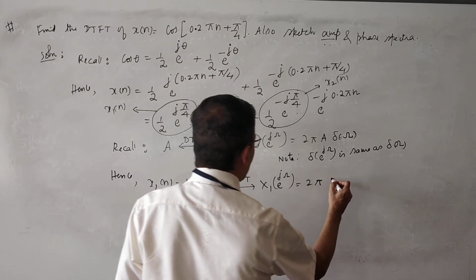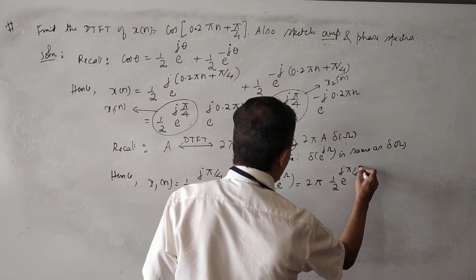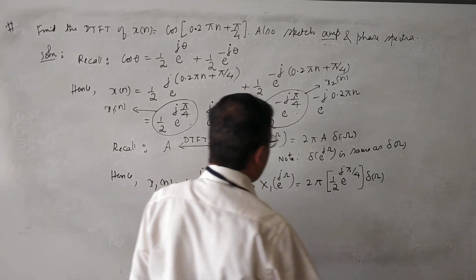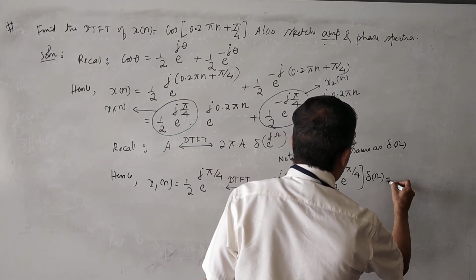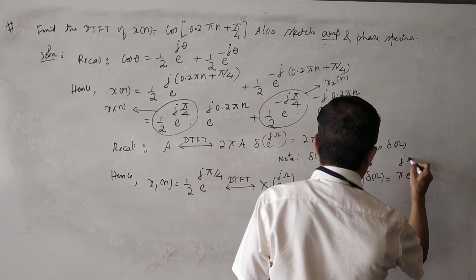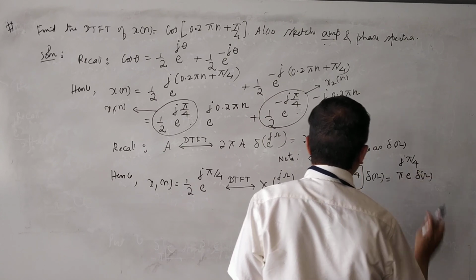What is a? A is half into e to the power j pi by 4 into delta of omega. So this becomes pi into e to the power j pi by 4 into delta of omega.